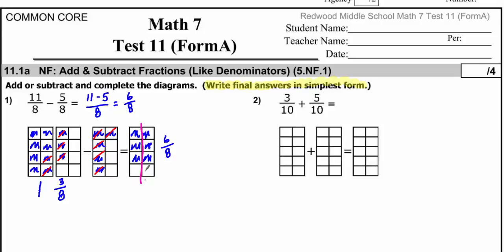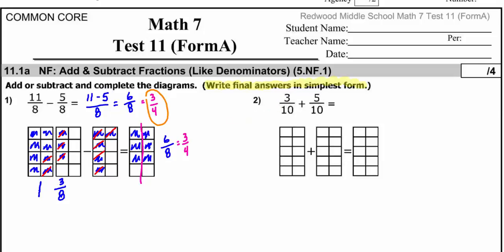Because instead of seeing it as 6/8, we can see it as 3 out of 4. And that's exactly what 6/8 simplifies to. It simplifies to 3/4. And there you go, Marge. 3/4.